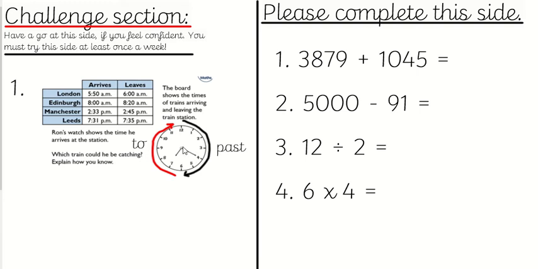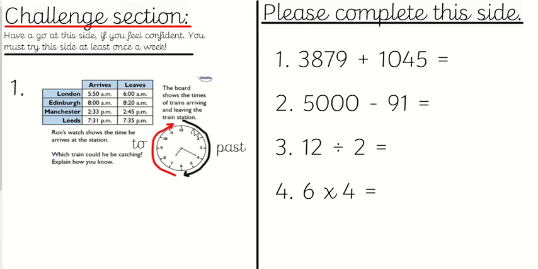Well done if you came up with the fact that it was past. Now, we also talked about the increment of time represented by each number for the minute hand. I wonder, can anybody remember how many minutes go past when we go from one number to the other around the clock?